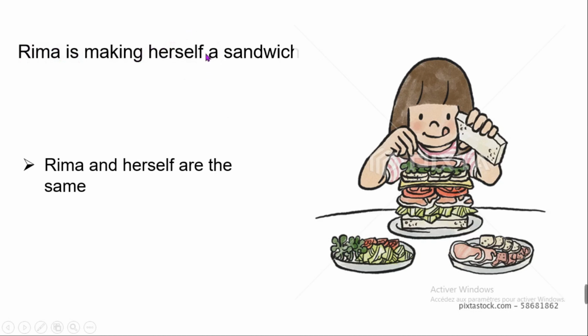Herself is the object, and they are both the same. Rima and herself are the same. So here the object reflects back to the subject, and this is what we call reflexive pronoun because it reflects the subject.